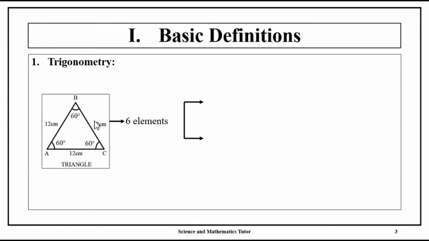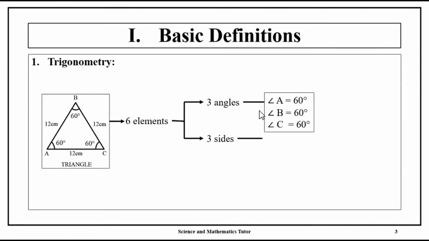Therefore, a measurement of a triangle consists of 6 elements, which can be further divided into two sets, that is three angles, in our case angle A, which is equal to 60 degrees, angle B, which is equal to 60 degrees, and angle C, which is equal to 60 degrees. And three sides are side AB, which is 12 centimeters, side AC, which is also 12 centimeters, and side BC, which is also 12 centimeters.